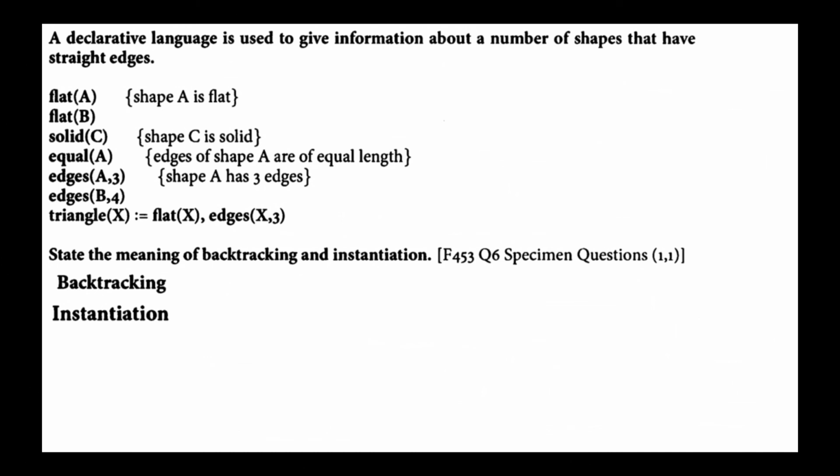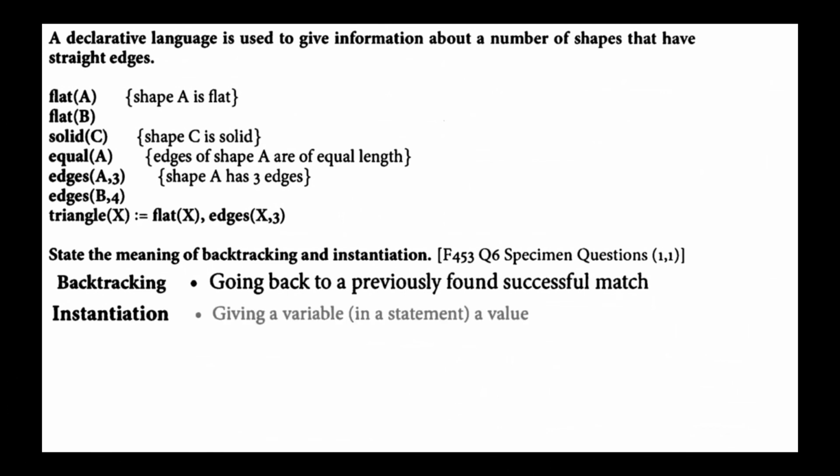State the meaning of backtracking and instance. This has actually already come up. Backtracking is going back to a previously found successful match. An instance is giving a variable in a statement a value.